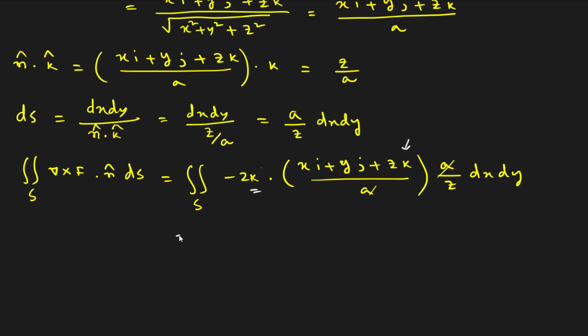The other two terms will remain 0. So double integration over s. Minus 2 is constant, so this into this, k cap dot k cap. So it will be minus 2 z. Here a is already cancelled out, so we have 1 by z dx dy. Then z also cancels out. So minus 2 double integration over s dx dy.